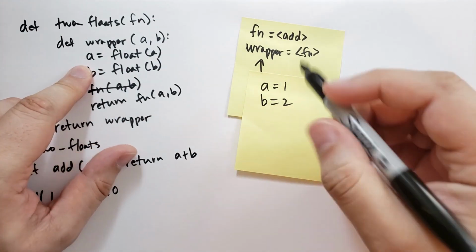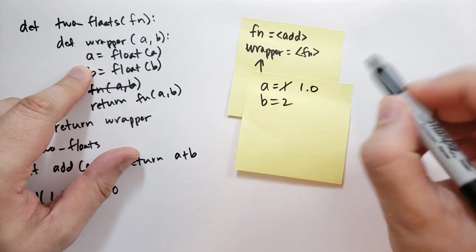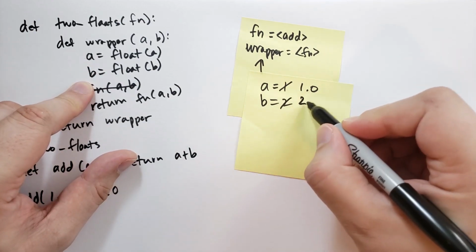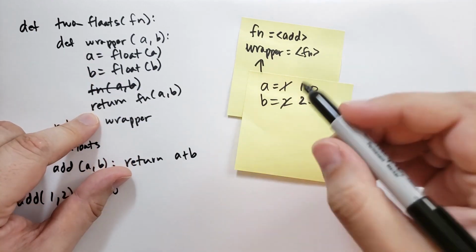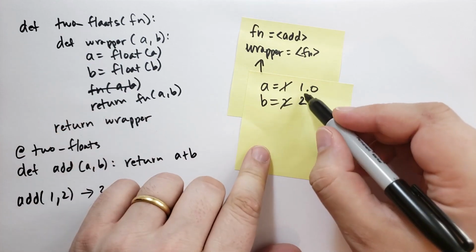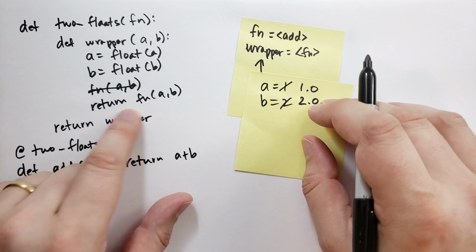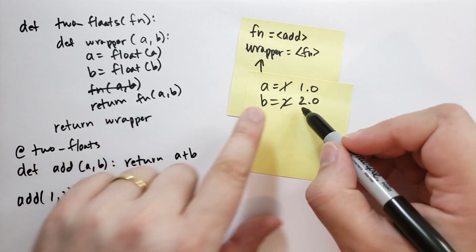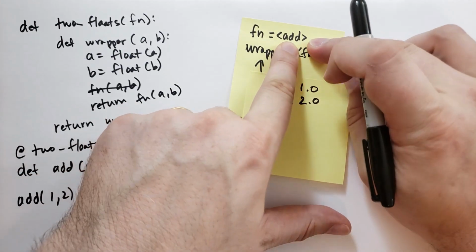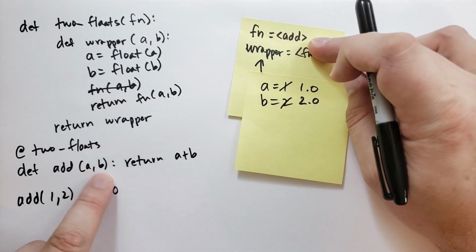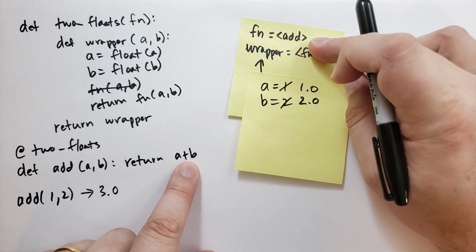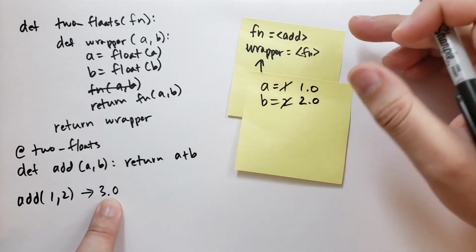The first line says a is float of a, so now it's 1.0. b is float of b, so now it's 2.0. We return a plus b. So we take 1.0 plus 2.0, return that value. Wait, no we don't. We return fn of a, b. So we're going to call the original add function with the 1.0 and the 2.0. It's going to add those to 3, and that's the return value. So that's what's going on here.